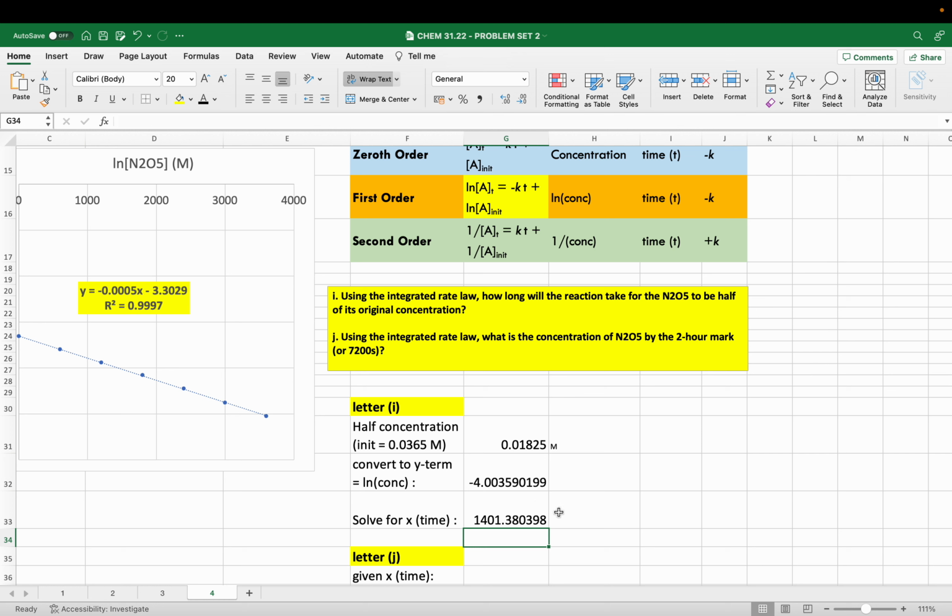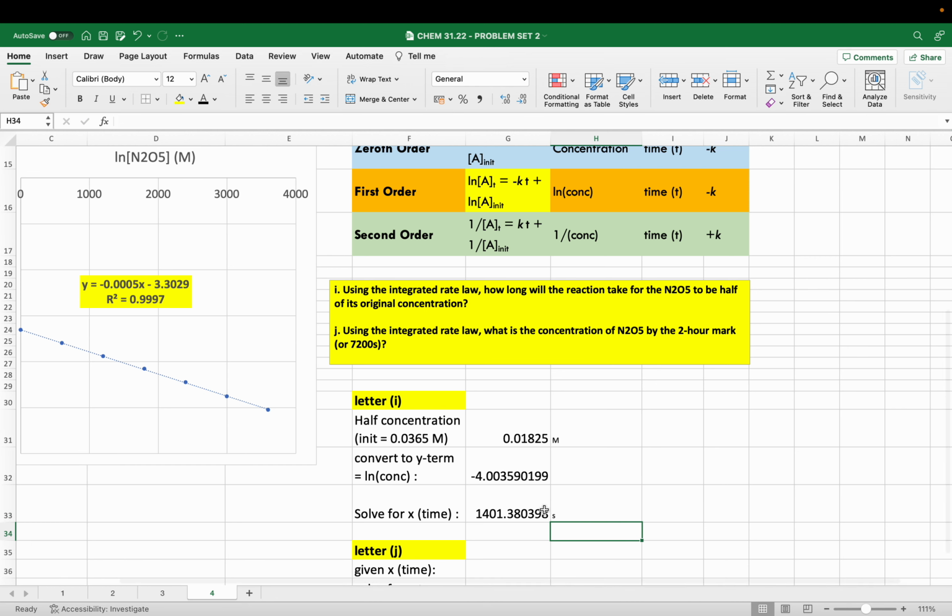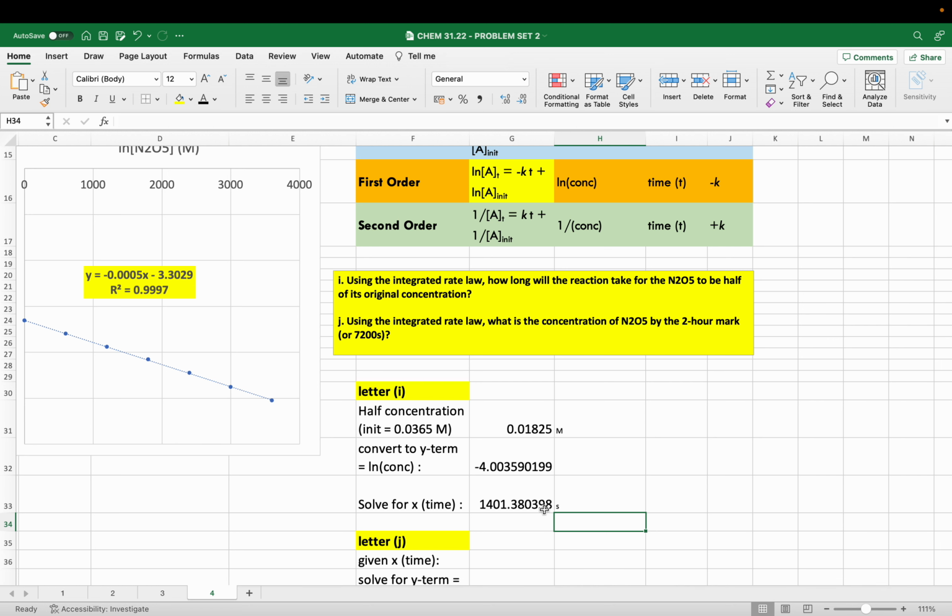And with that, we get approximately 1,400 seconds as the amount of time it takes to reach half the concentration.